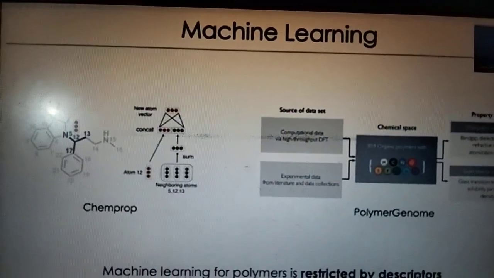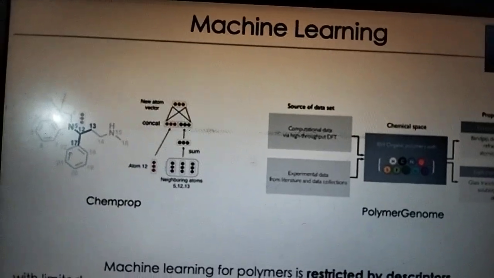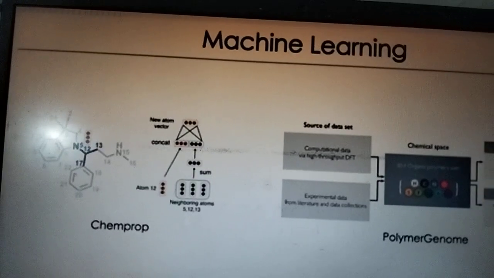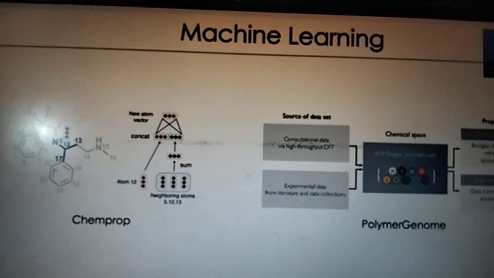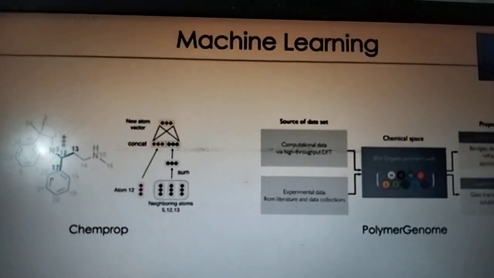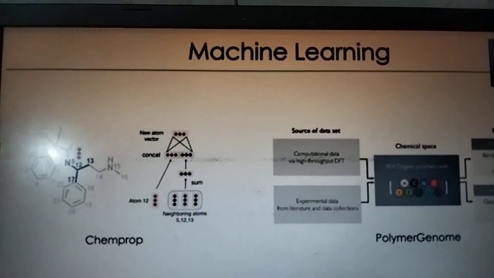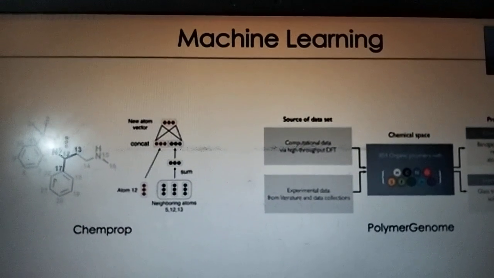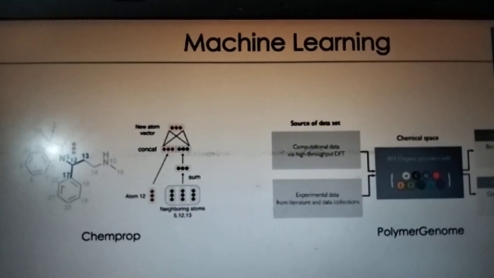Next is machine learning, and what is the difference in its use with molecules. This is ChemPro, with its values and representation. This is my source of data set, taken from the polymer chemical space, and the representation of the property space.